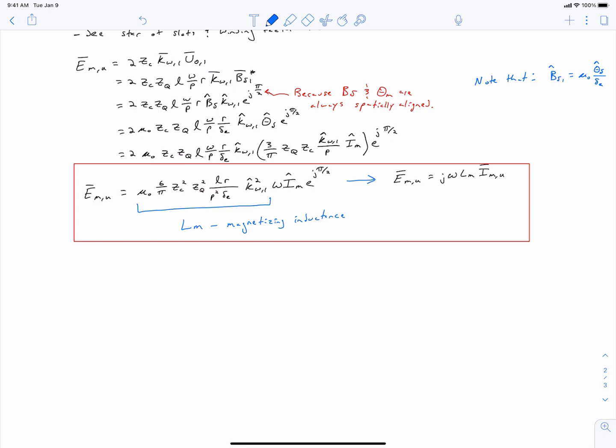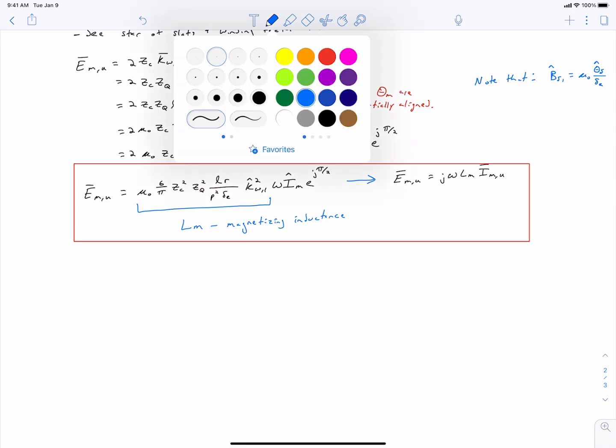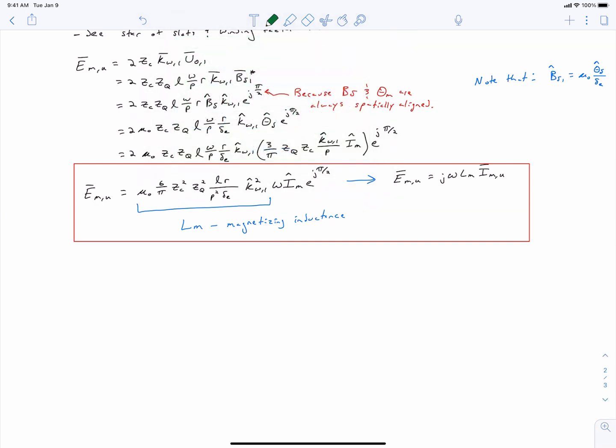But before we do that, I want to comment a little bit more on this magnetizing inductance and, I guess, a bit of a sanity check on how this all fits together. So from your prior coursework, thinking about flux tubes and reluctances, in previous classes you've come up with an expression for inductance as being the number of turns squared on a core divided by the reluctance of the path.